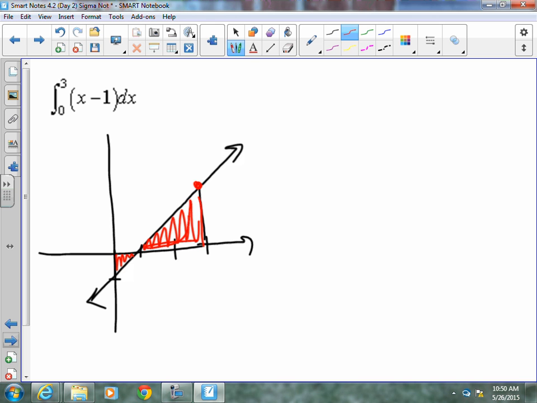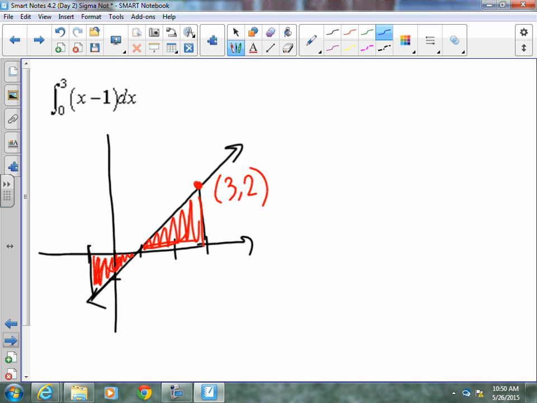At 3, when you plug 3 into that, you get the point (3, 2). So really, we have two rectangles. Or triangles, I'm sorry, two triangles. Actually, your area, I think, goes to -1, now that I'm remembering. So we're actually finding this area.